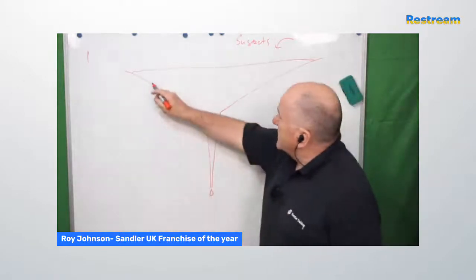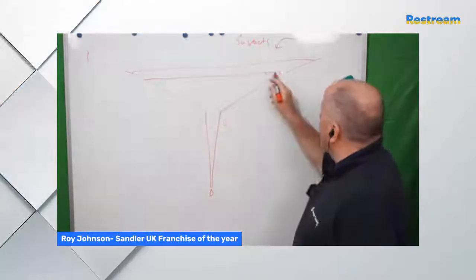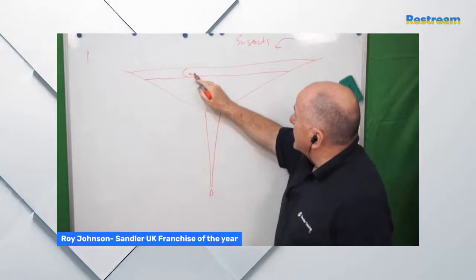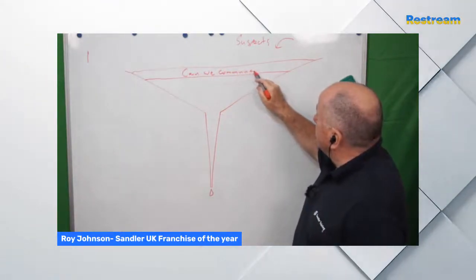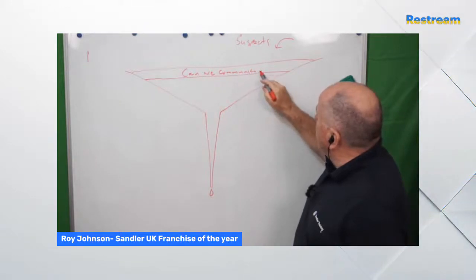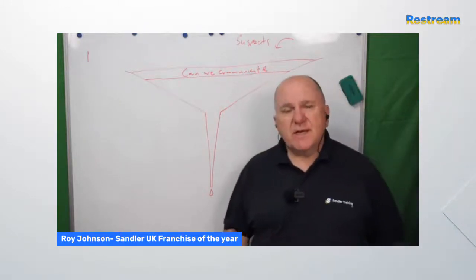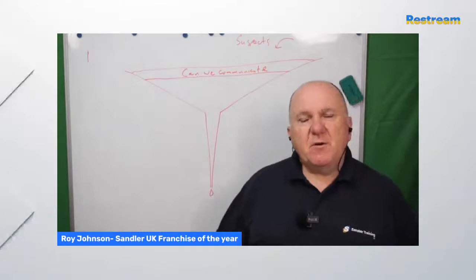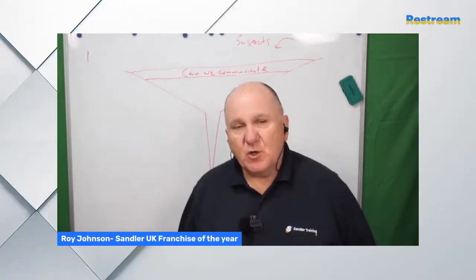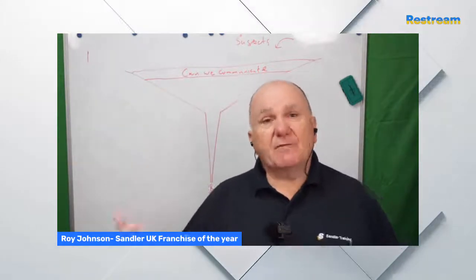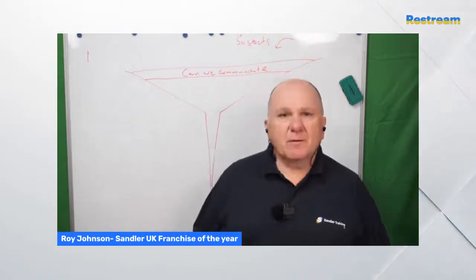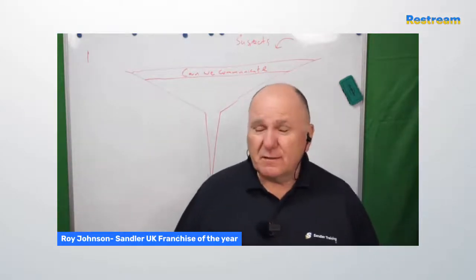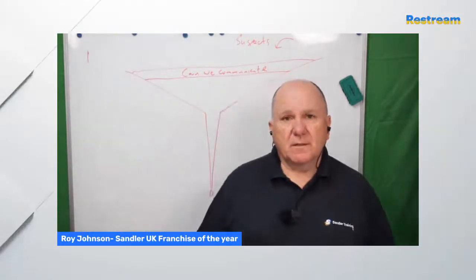The first bit of the qualification process is, can we communicate effectively? If you have a suspect who will not openly converse with you, who you haven't got the relationship with to get close to their problems, they're probably not going to buy from you.